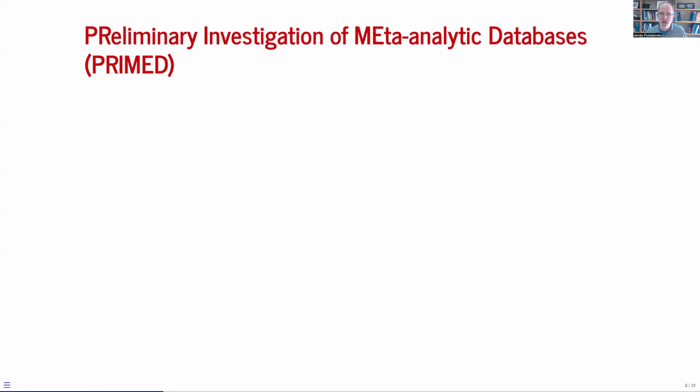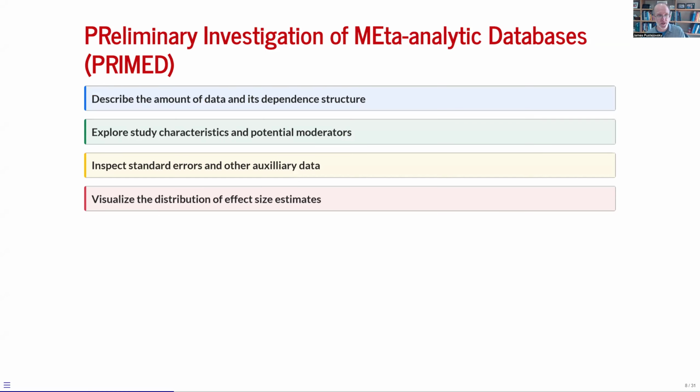What we've tried to do here is lay out some procedures for investigating the basic features of your meta-analytic data and the features that have to do with dependency, focusing in stages from basic description more and more towards the variables that are going to be the key variables in a formal model. So there are four stages.